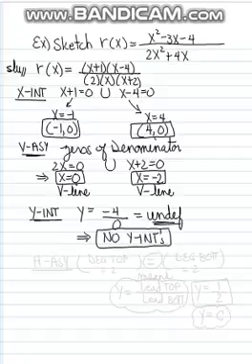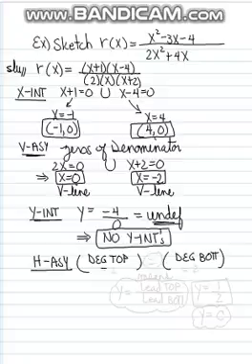And now we can look for our horizontal asymptotes. Now the horizontal asymptotes are not the zeros like we had the vertical asymptotes where the zeros are the denominator. For the horizontal asymptote, you have to compare the degree of the top to the degree of the bottom of your rational function. Well, the degree of the top of this rational function is equal to 2.